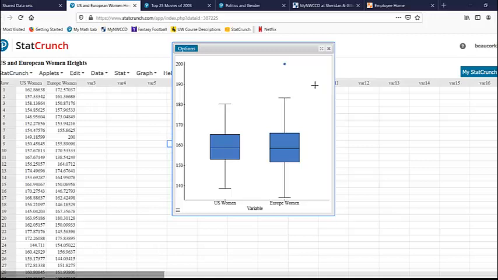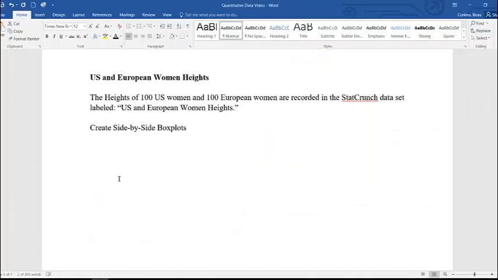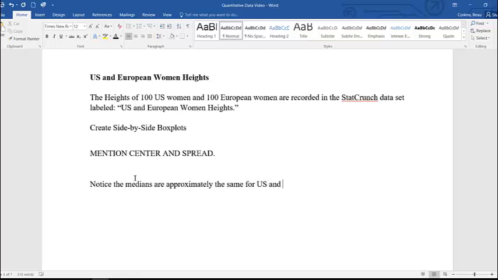So every time you compare and contrast, you should always be mentioning center and spread. And again, we can do it with specific data, all right? So notice the medians are approximately the same for US and European women's heights.